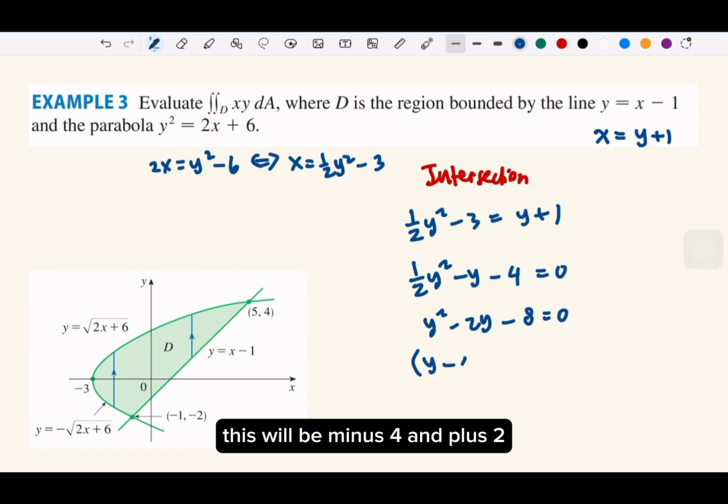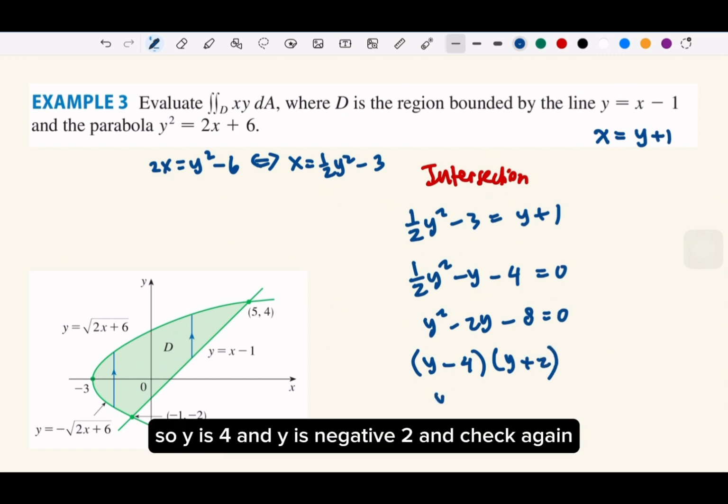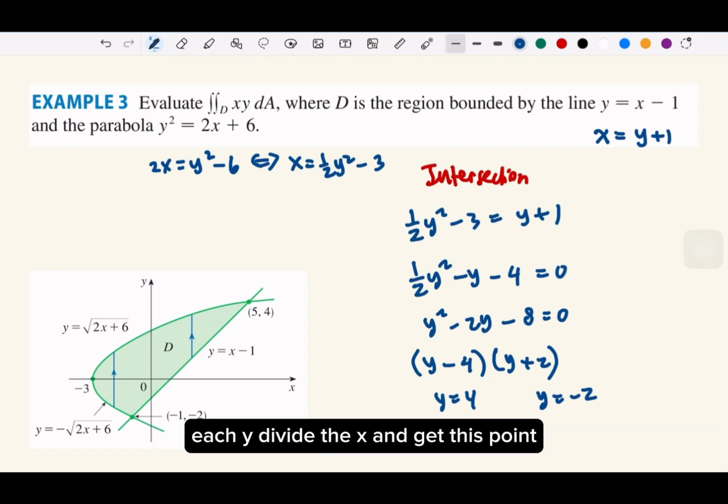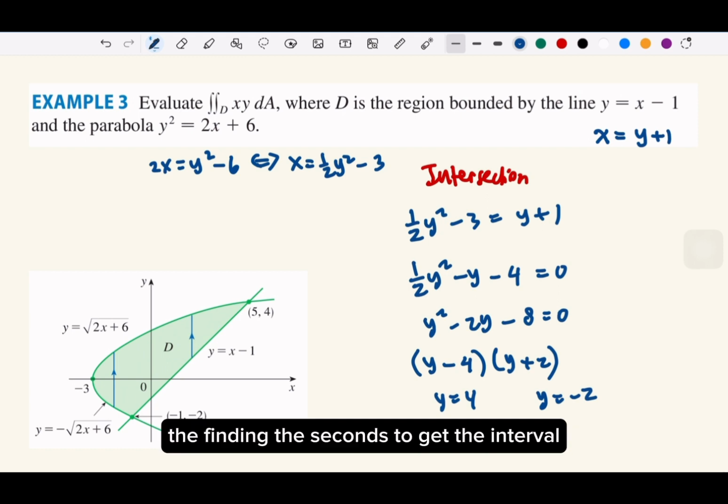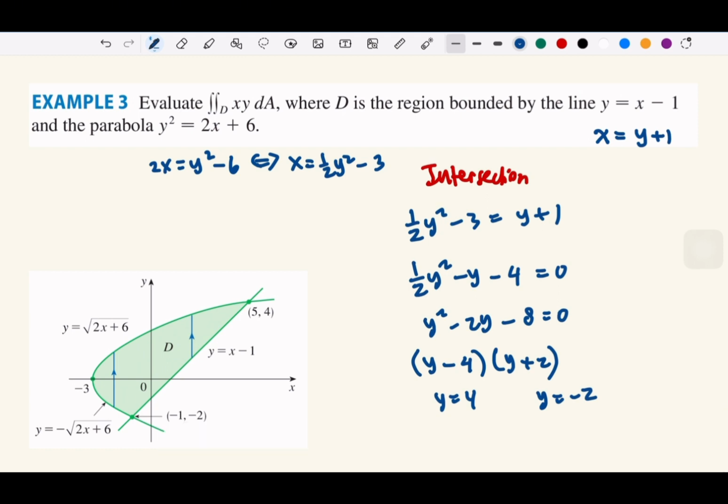This will be minus 4 and plus 2. So y is 4 and y is negative 2. And check again each y to find the x, and we get this point. Okay. So find intersections to get the interval.